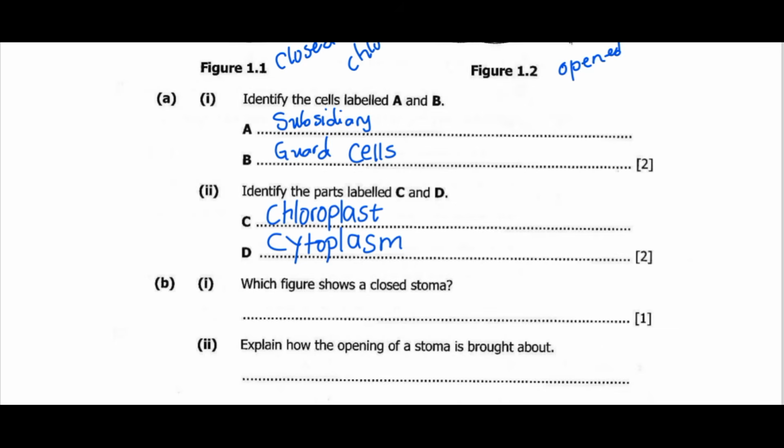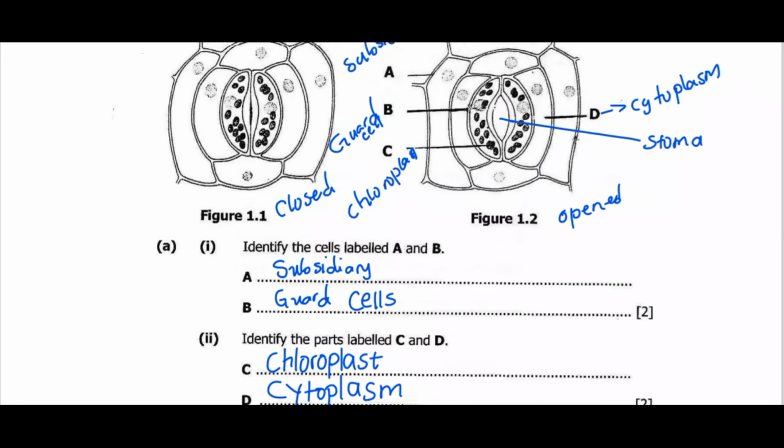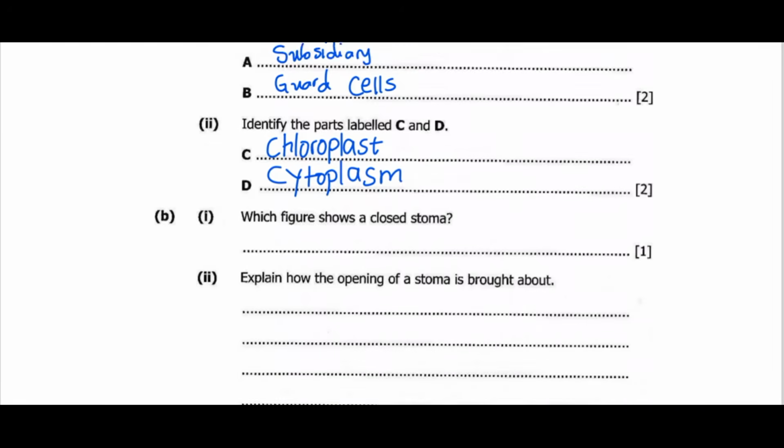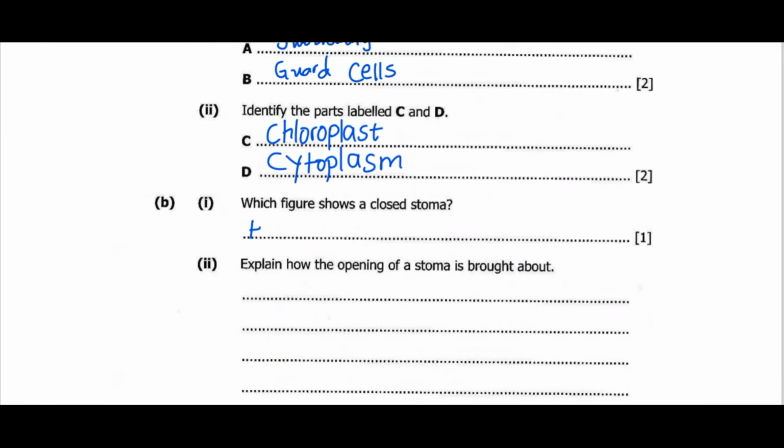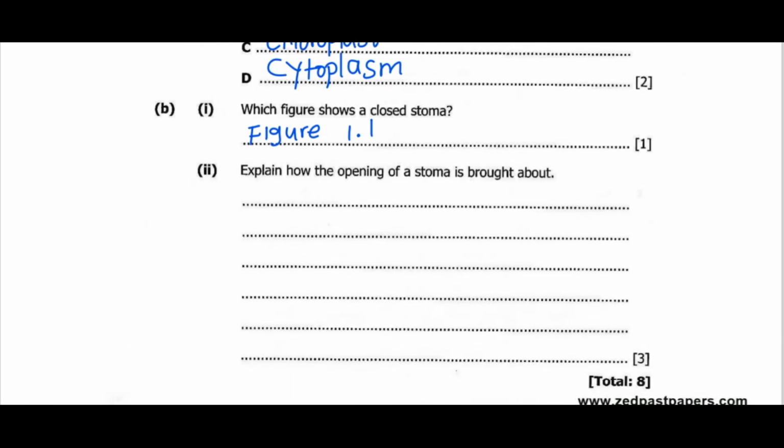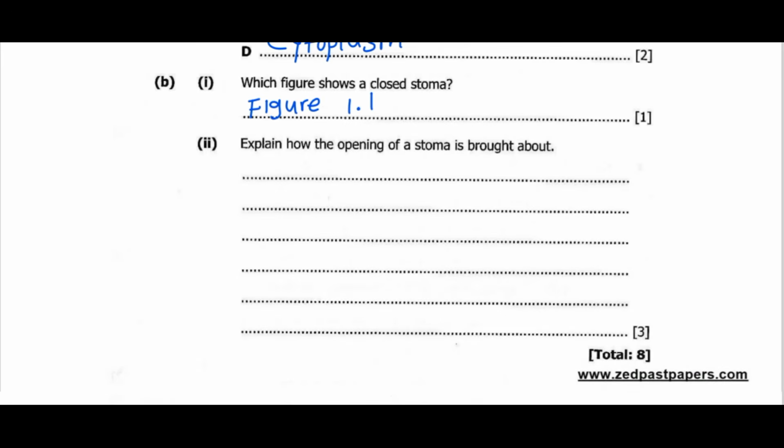Then we have B1, which figure shows a closed stomata. So the closed stomata will have figure 1.1. Then Roman number 2, explain how the opening of the stomata is brought about.